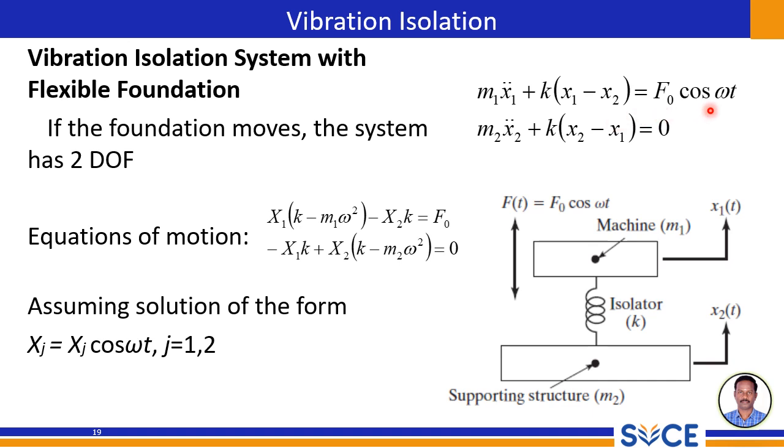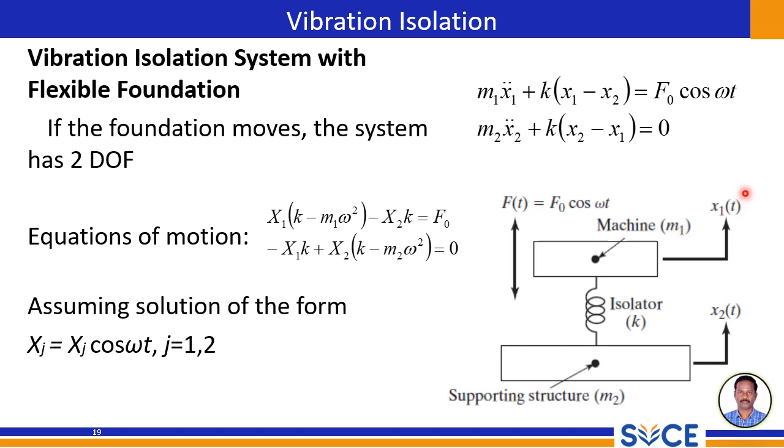And the second equation is m2 x2 double dot plus k times (x2 minus x1) equal to 0. These equations are derived using Newton's second law and represent the dynamic equilibrium of the system.